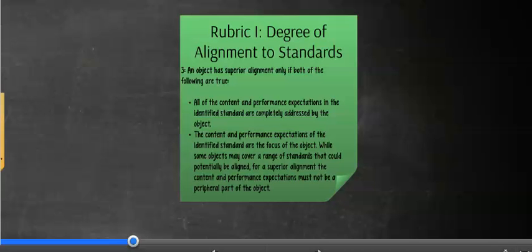While some objects may cover a range of standards that could potentially be aligned, for superior alignment, the content and performance expectations must not be a peripheral part of the object. For the OpenCourseWare course, it was very interesting how much information was actually provided for the course and the content. This can align to the standards that any individual or any institution also has if their course meets the course description.